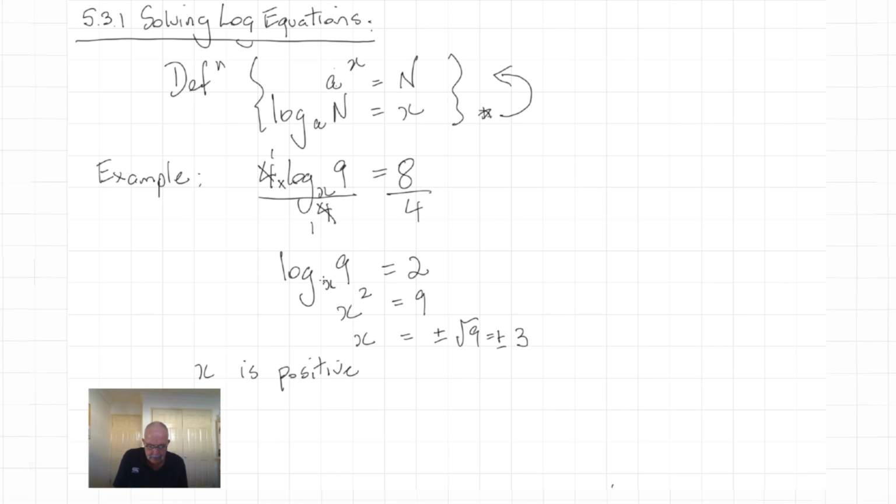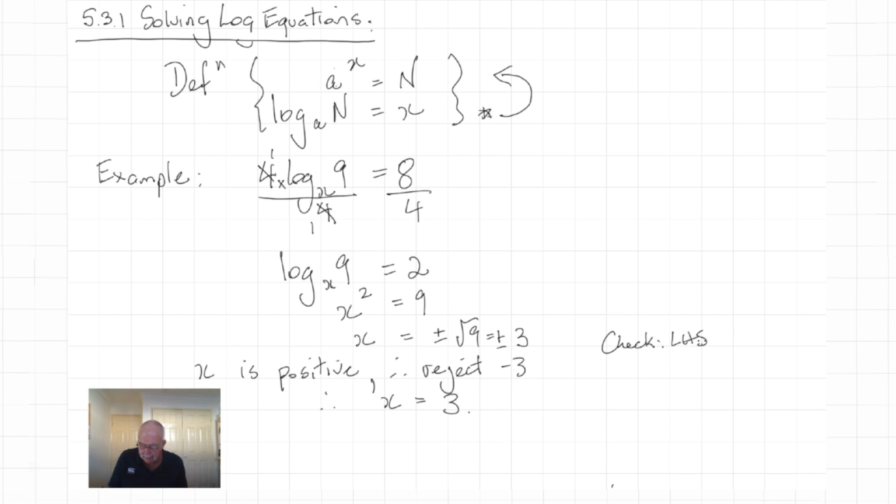So this has to be positive. Therefore we can just reject negative 3 as an answer, and the answer is x equals positive 3. And you should always go back and check. So if you like, we can do a check.